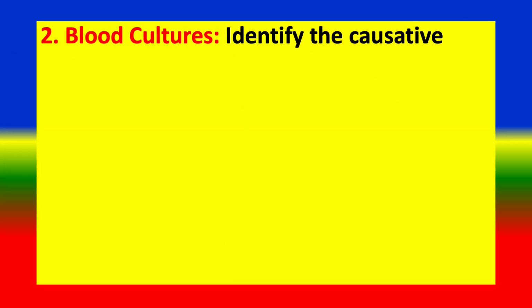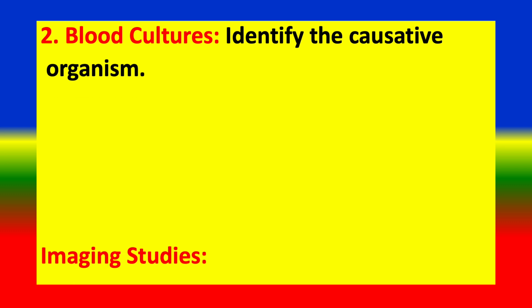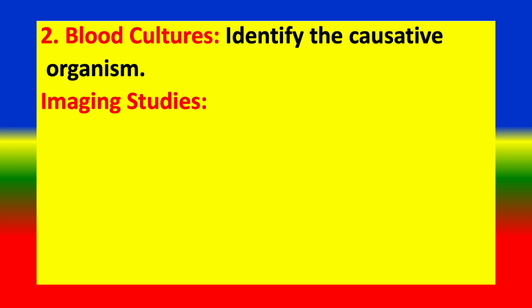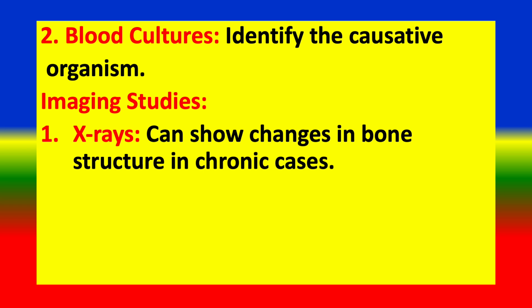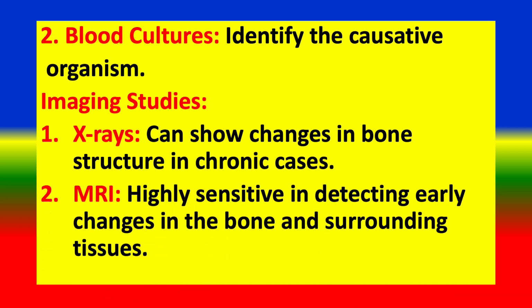Blood cultures identify the causative organism. 3. Imaging studies, including X-ray, which can show changes in bone structure in chronic cases. MRI, highly sensitive in detecting early changes in the bone and surrounding tissues.